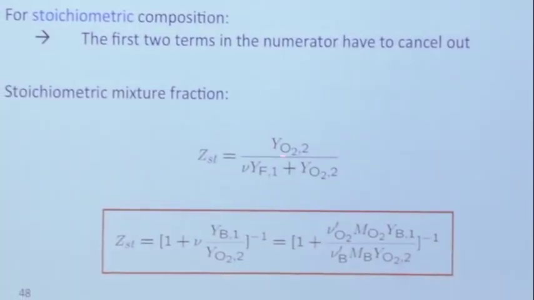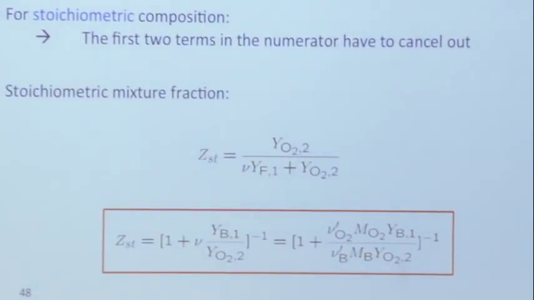What happens if you burn methane with air? Then YO2, the mass fraction of oxygen in air, is roughly 0.233 or something like that, 0.23. Okay? So let's say it's 0.25. It's easier.